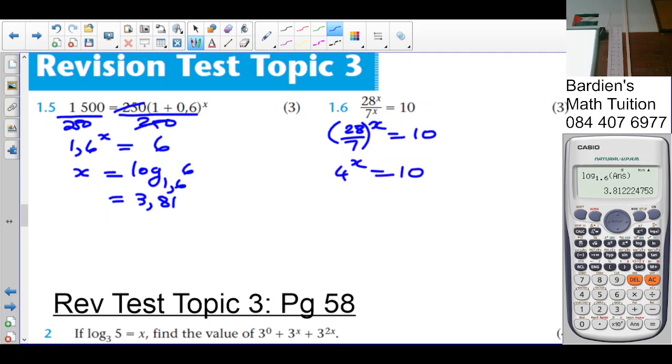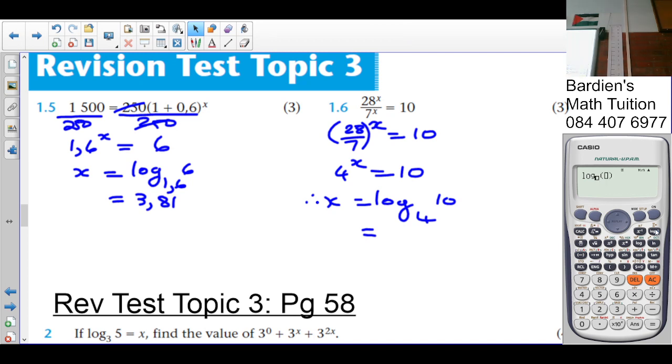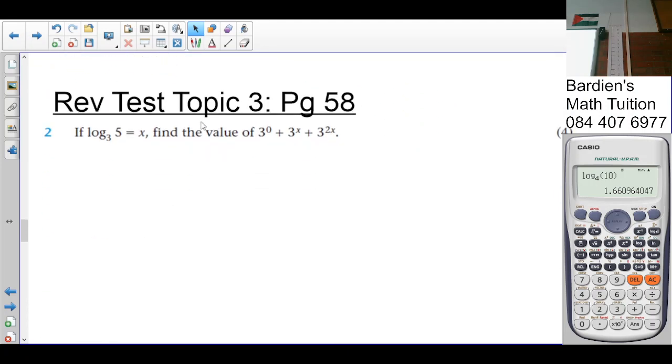There we already have the base with the exponent and the number on the other side. So x is equal to log 10 base 4, which gives us 1,66. Any issues there? No? Let's carry on.